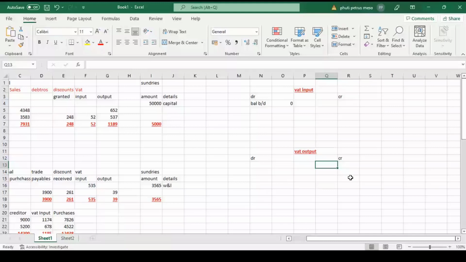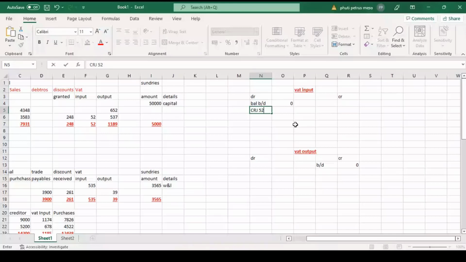Under your input, okay, we've got 52 rands, and then we've got 535. Let me just do it this way. You just say CRJ with an amount of 52 rands. Then you've got your CPJ.